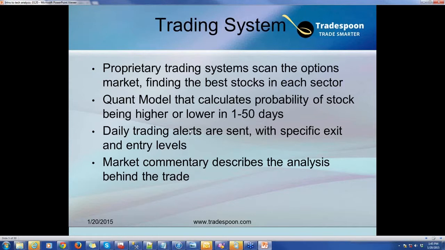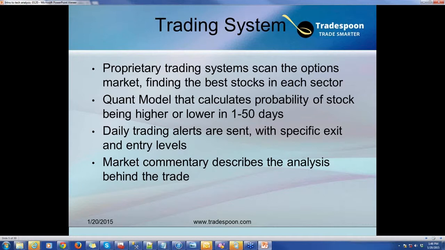So at Tradespoon, in our technical system, we have quantitative models that find the probability of a stock being higher or lower in the next 50 days. So day by day or week by week, we predict where Apple is going to be tomorrow, where Apple is going to be in 10 days or 50 days using quant models. We believe that technology and modeling can predict the stock movement a lot better than the human eye just looking at the chart or past performance.